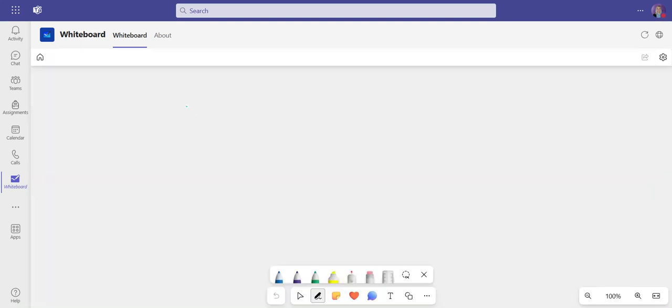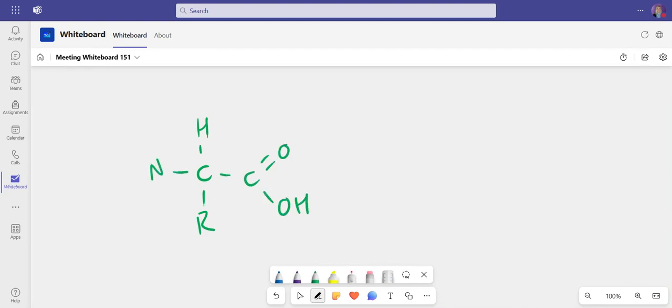Let's have a look at how we form this dipeptide bond. The first thing is we need to draw 2 amino acids side by side. Have a go at doing that, and see if you can draw it from memory. Remember the hydrogen above, the R group below, the amine group on the left, NH2, and the carboxylic acid group on the right, C double bond O, single bond OH, or you can just say COOH.